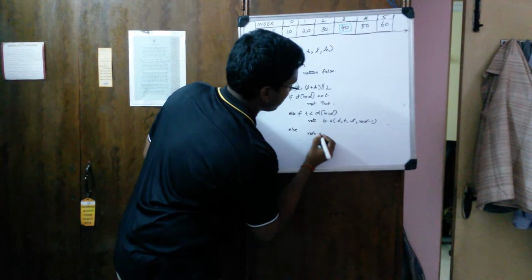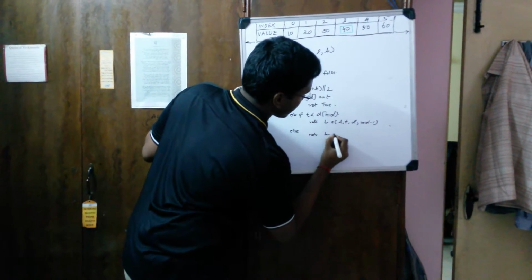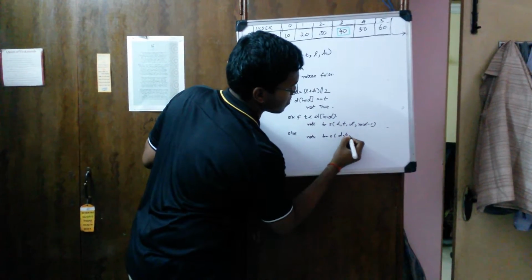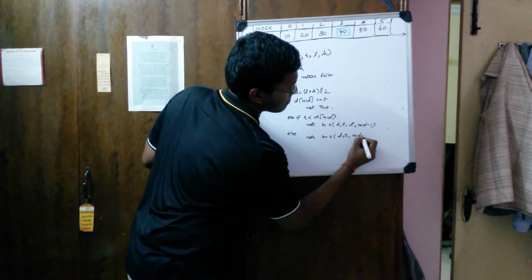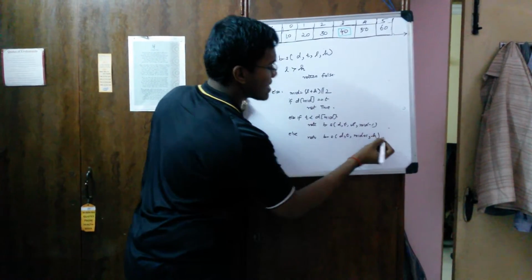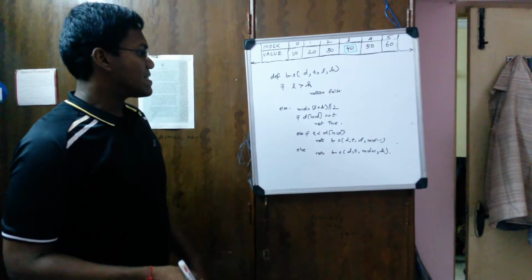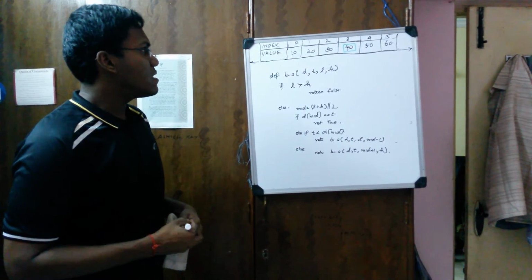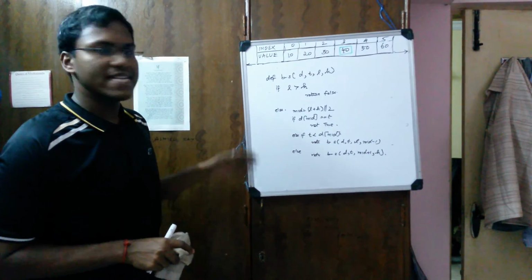And if the target is greater, then we return the right recursion, wherein we update the lower index and keep the higher index the same. This is just the pseudocode for the algorithm we discussed, and that is binary search for you.